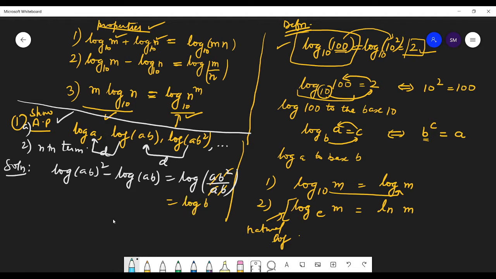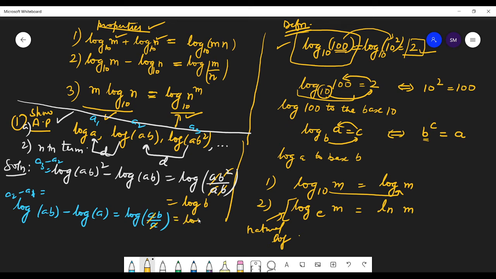Now what about log AB minus log A? This was your first term A1, this was your second term, this was your third term. You have calculated A3 minus A2, and now you are calculating A2 minus A1. Log AB minus log A is log of AB divided by A, so what do you get from here also?